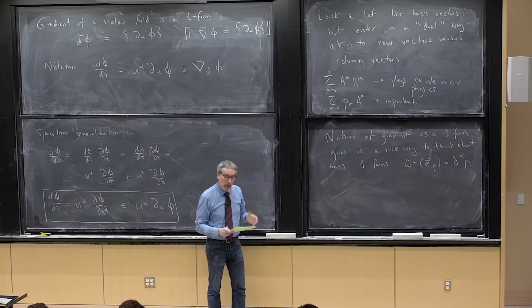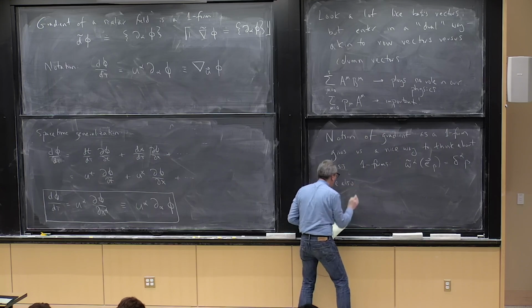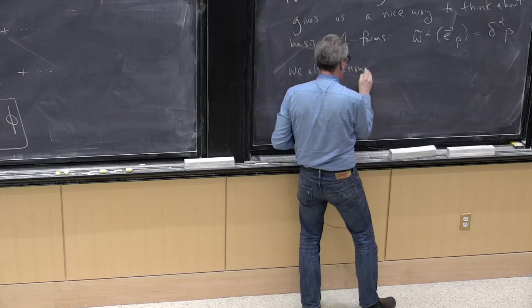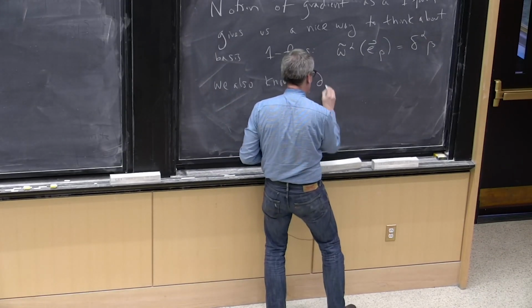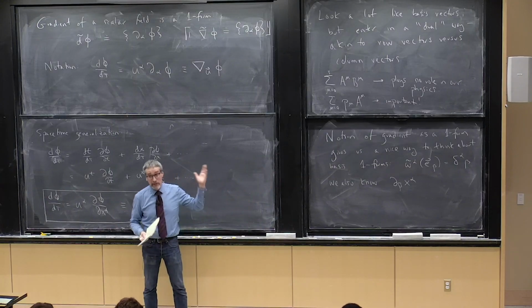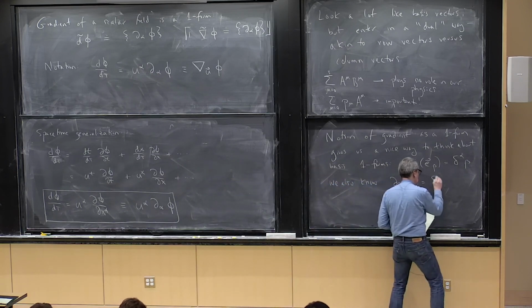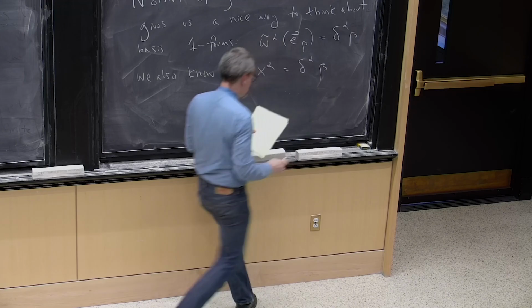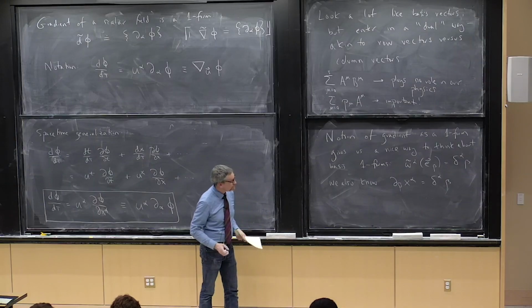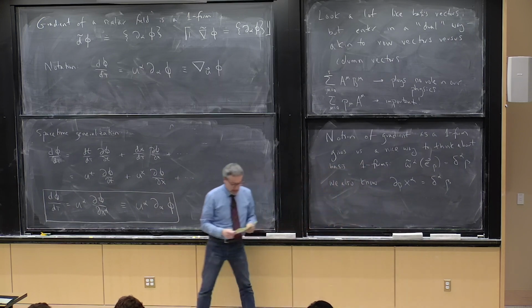Okay? But we also know that if I just take the derivative of my coordinate with my coordinate, I'm going to get the Kronecker deltas. Okay? You know, this and this, these are the same thing.